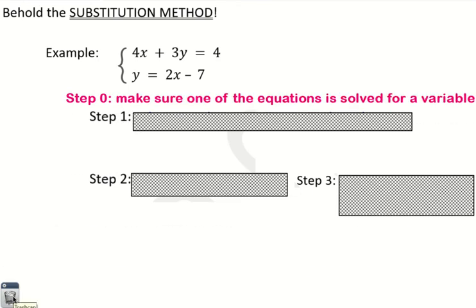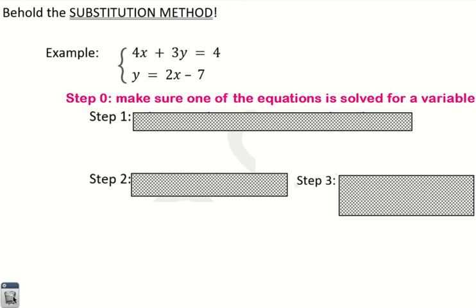Step 0 is make sure one of the equations is solved for a variable. In order to do the substitution method, we need to know what x is equal to or what y is equal to. One of the equations has to be telling you that.